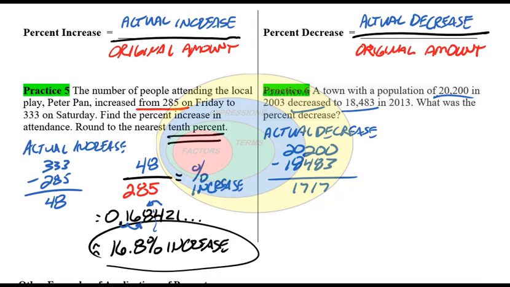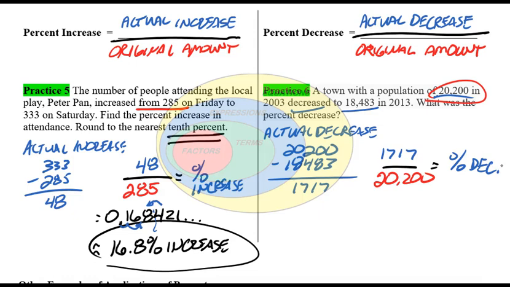So the ratio for the percent decrease is going to be the actual decrease, which was 1,717, divided by the original amount. Well, in 2003 it started with a population of 20,200. So this would represent my percent decrease.